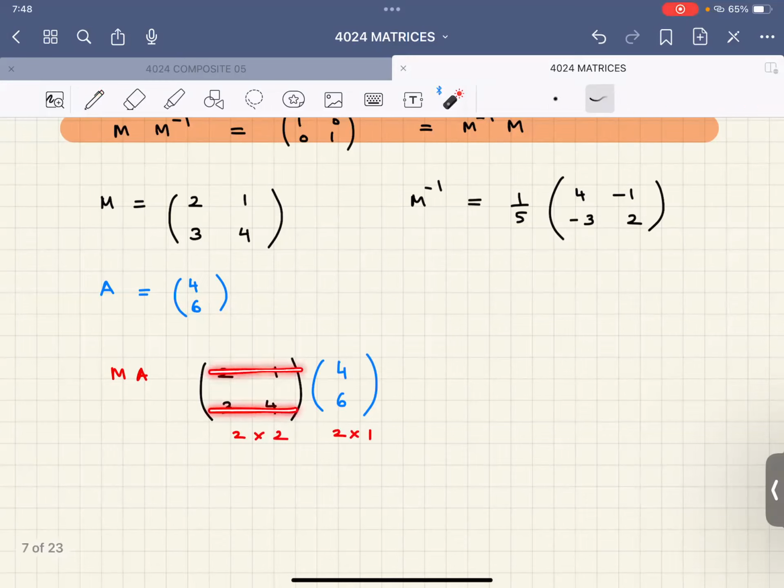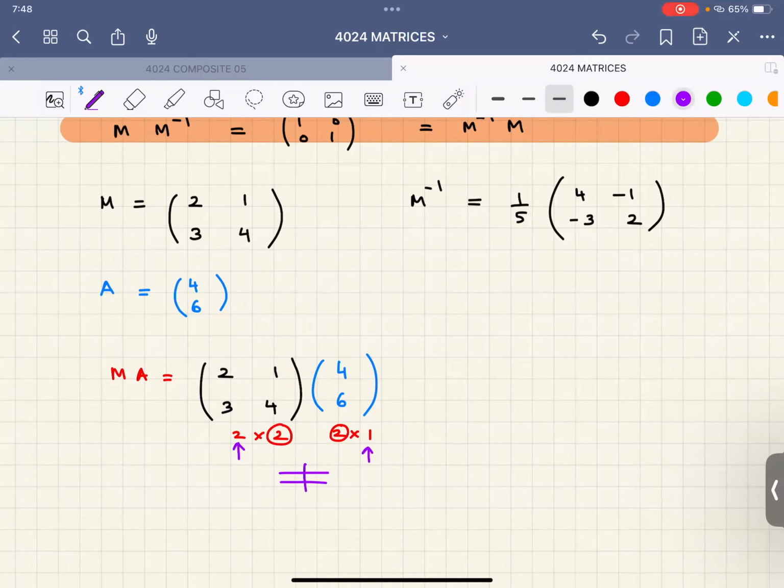This is 2 rows, 2 columns. This is 2 rows, 1 column. Can it be multiplied? The answer is yes. Why? Because these two are exactly the same. And the answer will look like this, 2 by 1. It will have 2 elements like this. That's also another way of checking it.